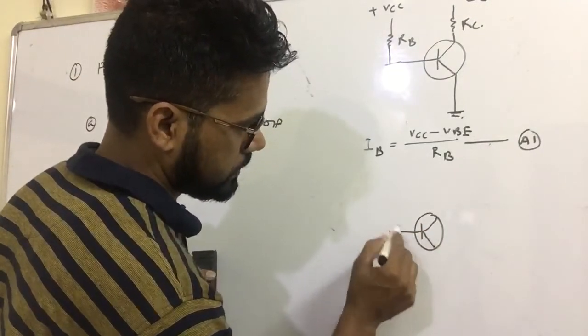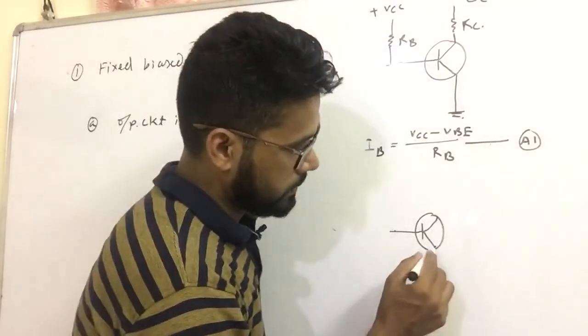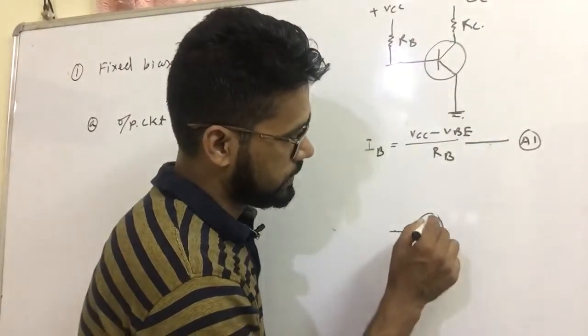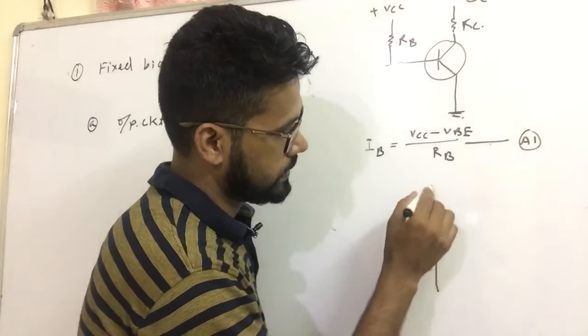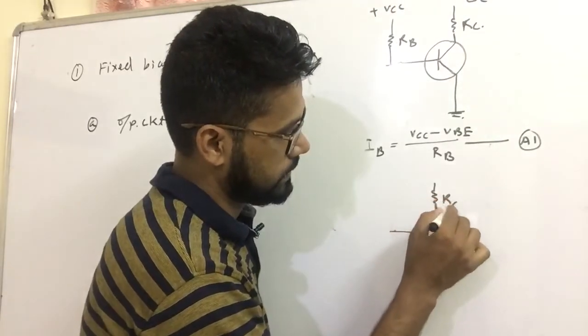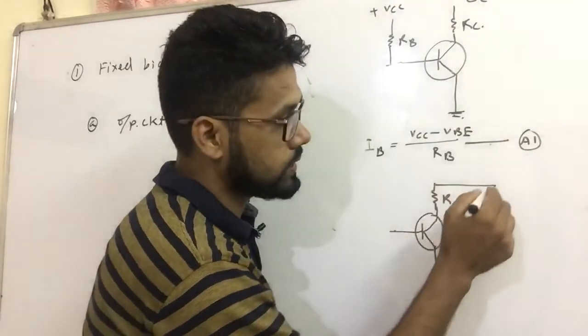This is the output circuit, the emitter collector region, the collector loop. This is emitter, this is base. Emitter is ground. This is RC.